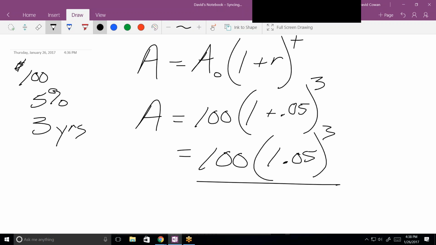I'm just plugging my calculator into the wall real quickly. Make sure you know how to exponentiate stuff. You do 1.05 raised to the 3 power, and then multiply that whole thing by 100.